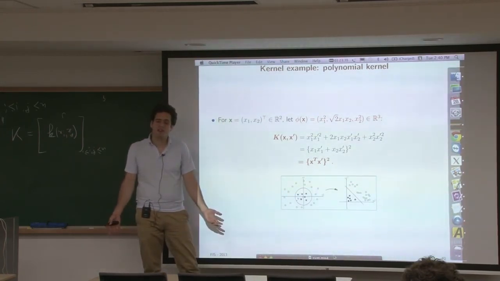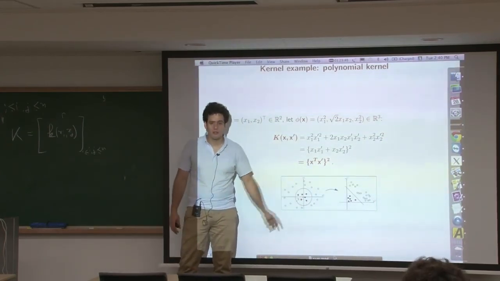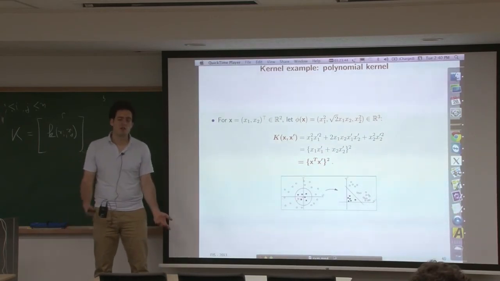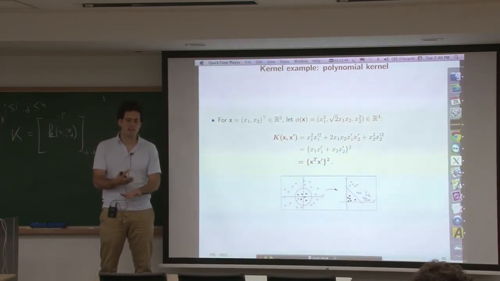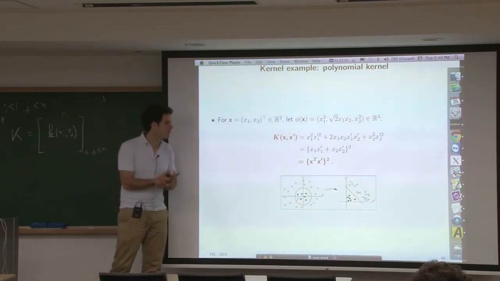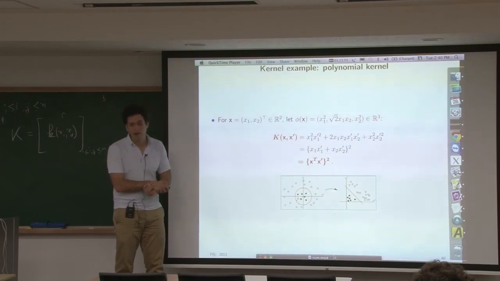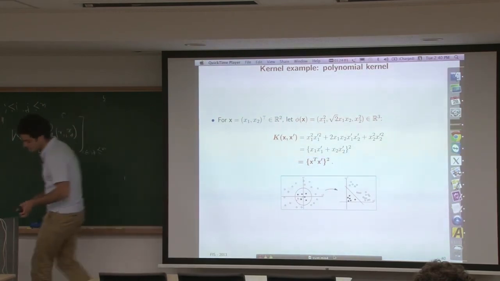So the separation surface is obviously this circle, right? But this is not a hyperplane, so there's no way you can find this directly using the SVM or LDA. But if you use a kernel, the square of the dot product instead of the standard dot product, then there's a way of finding this hyperplane.